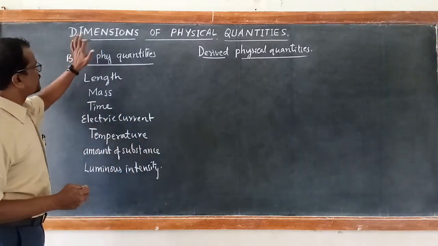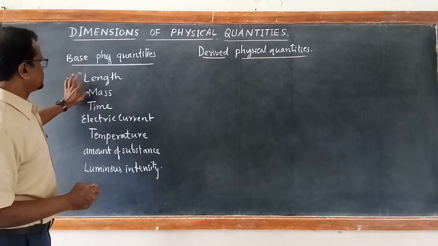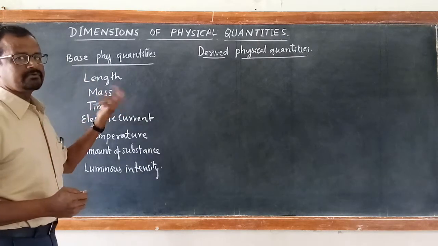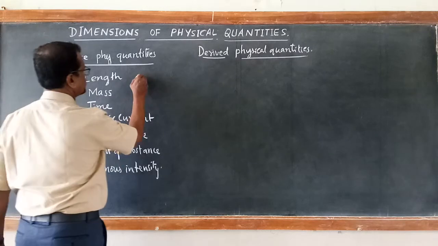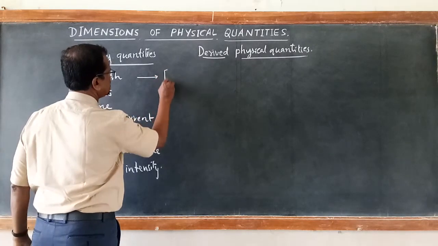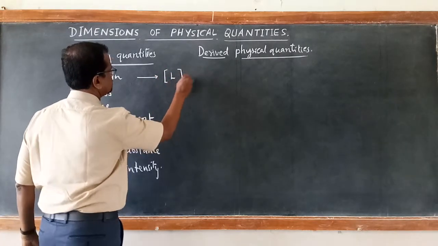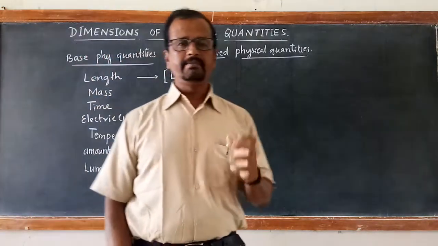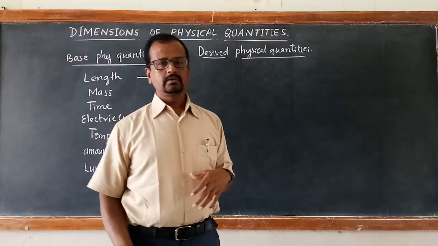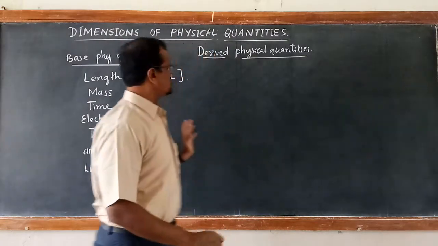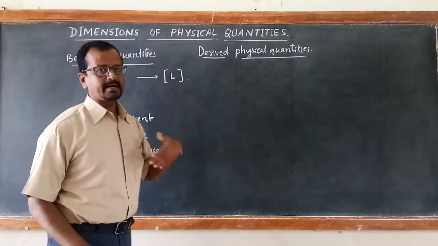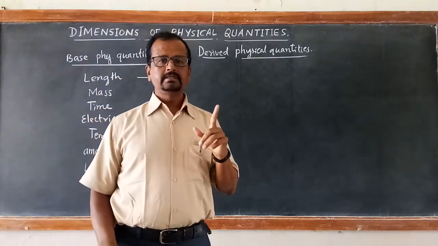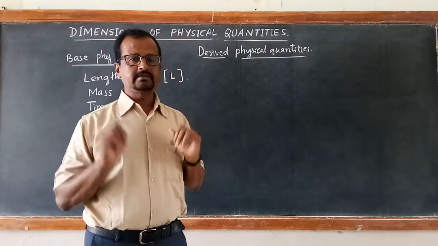And what is the meaning of dimensions here? See, length has the dimension L, so it is written as square bracket L. The length may be path length, distance covered, or displacement. It may be breadth, height, or length.